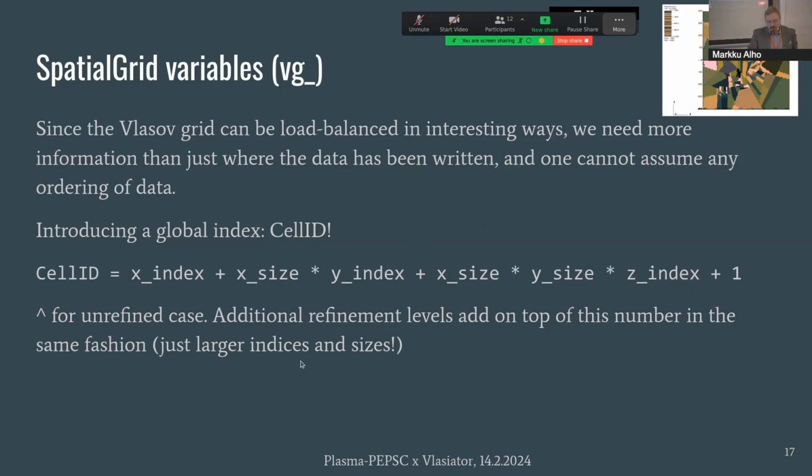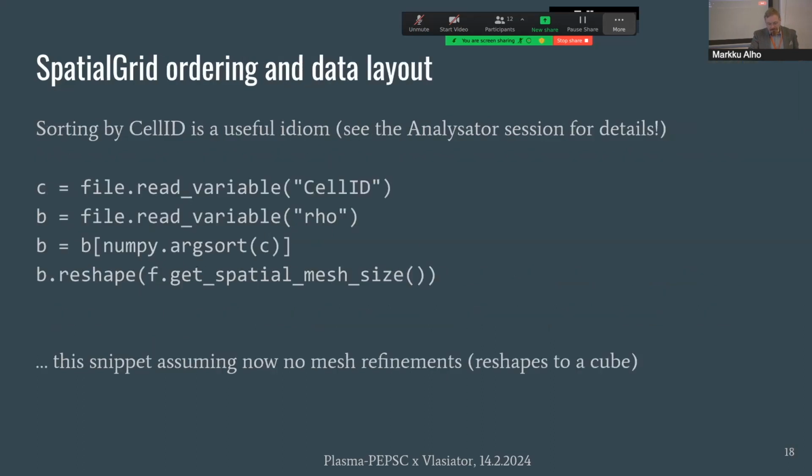So those indices will just get larger, and the cell ID as well. This is quite a clever way of going about this, and it gives this kind of octree-like indexing.